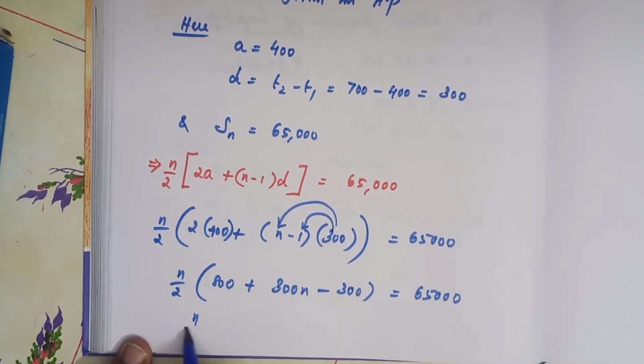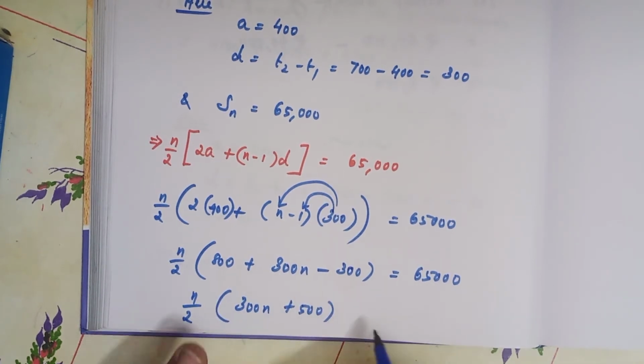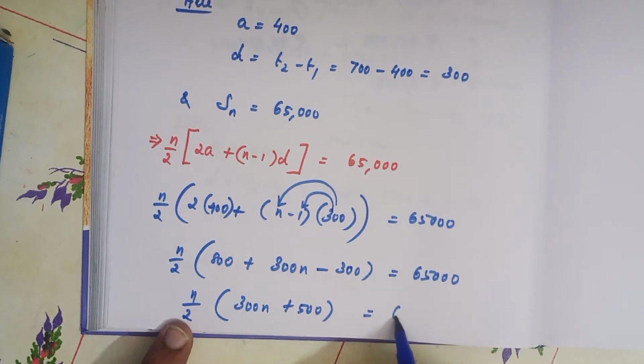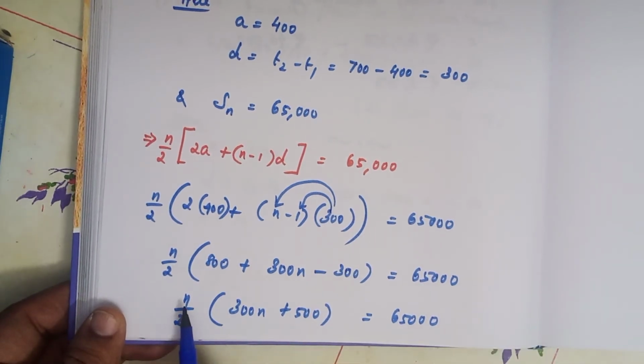So n by 2 into, first write 300n. These two are like terms, can subtract. 800 minus 300 is 500, equal to 65,000.